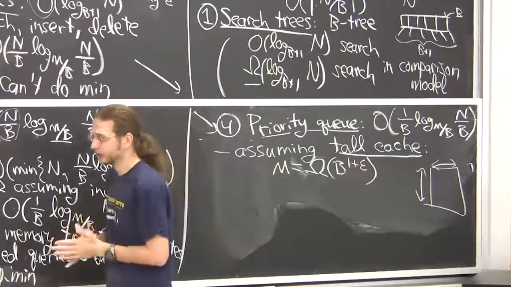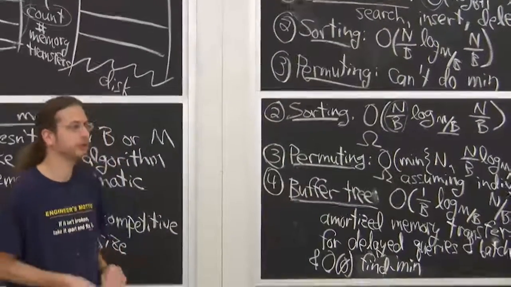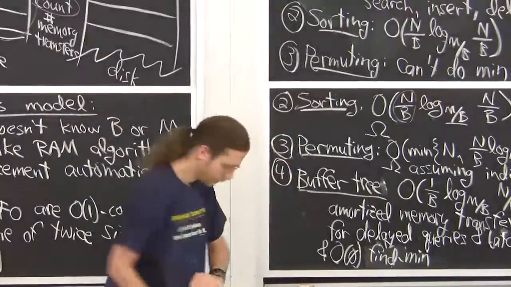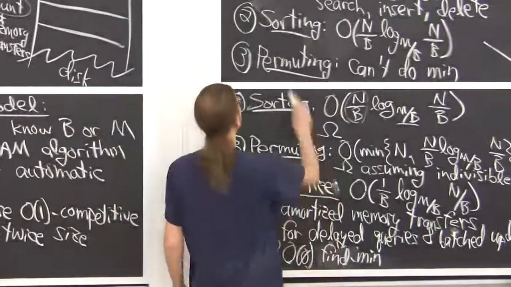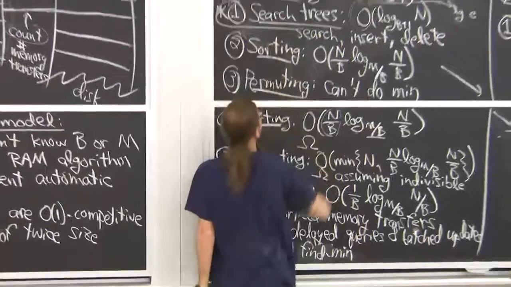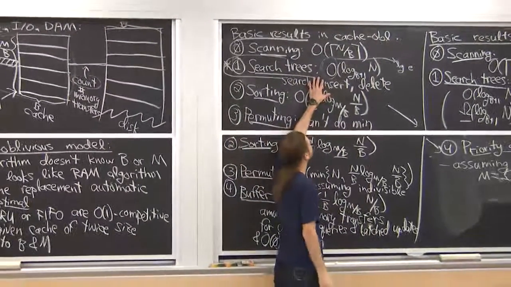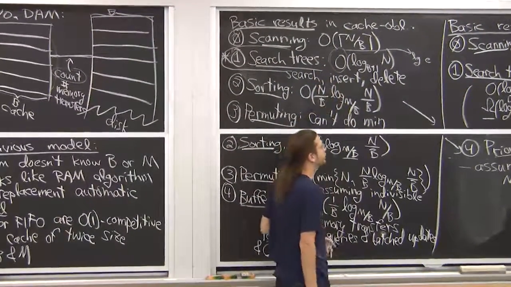All right, so that's a quick summary of cache-oblivious results. Any questions about those? Then we proceed into achieving search trees, log base B of N performance, cache-obliviously. Make it interesting.